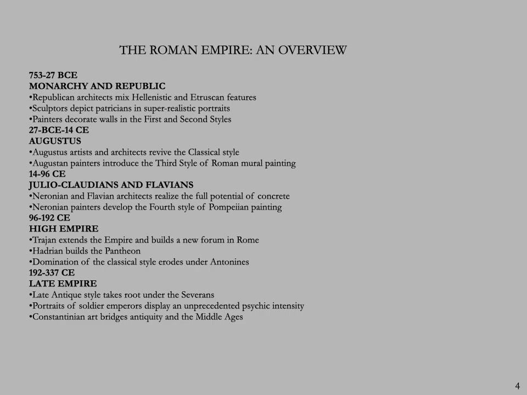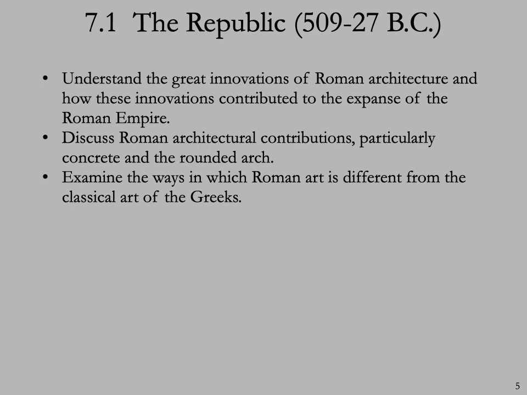So as the Etruscan rule is overthrown and the Republic begins, this lasts until around the 1st century AD, when Rome spreads and expands and becomes at the height of its empire. So we're going to start here by looking at that republic as it's in its earlier stages.